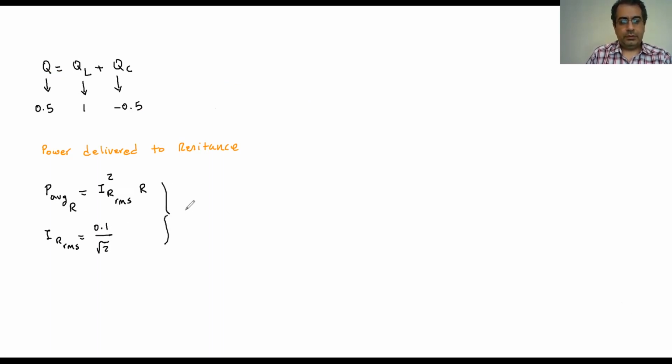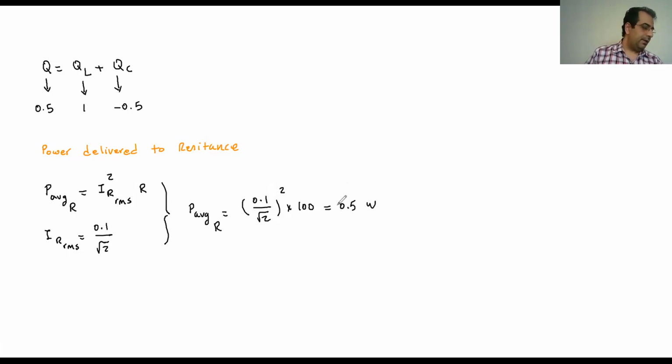So if I put these together, the P average by the resistance is 0.1 divided by the square root of 2, to the power of 2, times 100 ohm, which is the resistance. This comes out as 0.5 watts. So all the average power delivered by the source is consumed by the resistance in this example.